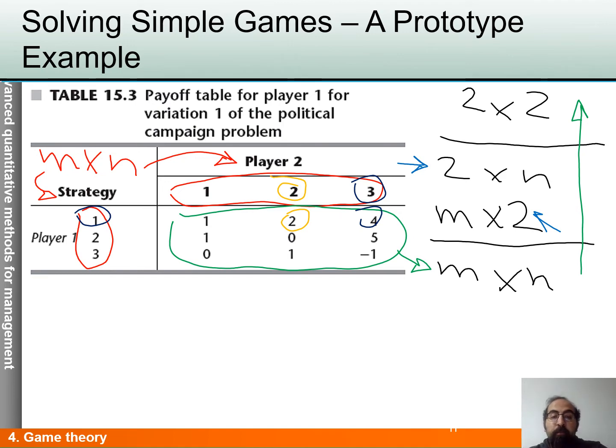Let's make a comparison between strategy 1 and strategy 3 of player 1. As you know, player 1 is the positive side. It means that the more positive, the better for it.